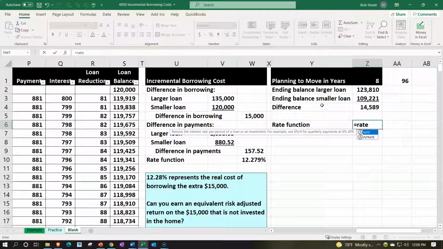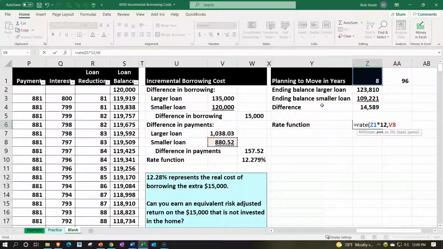So we'll say rate brackets, the number of periods I'm going to say is the 8 up top times 12, which will give us that 96, 8 times 12, and then comma, the payment amount is going to be the difference in the payments that we calculated at the 157.52, comma, the present value, I'm going to make negative, the 15,000, and then comma, the future value now, being that difference that we calculated at the 14,589, and then we'll close it up.